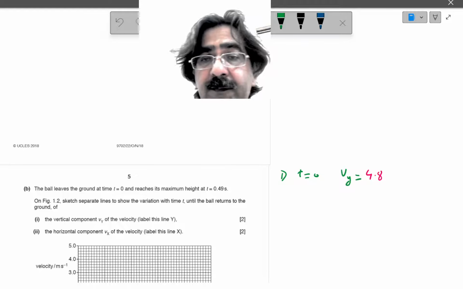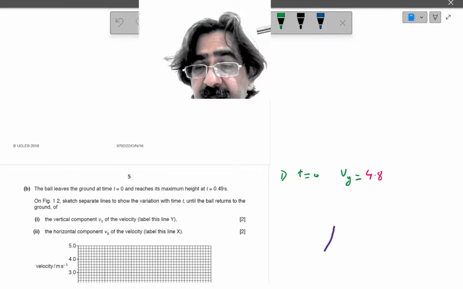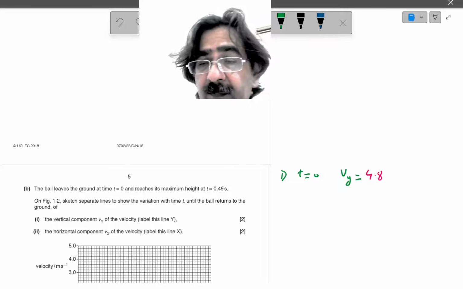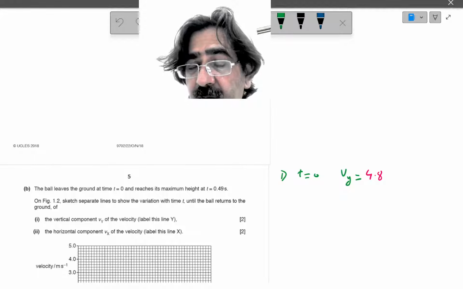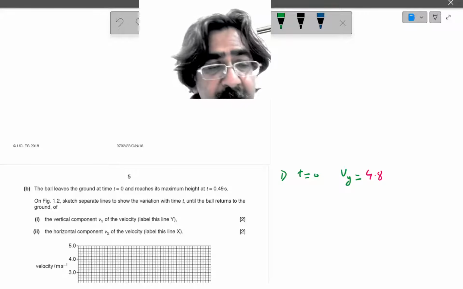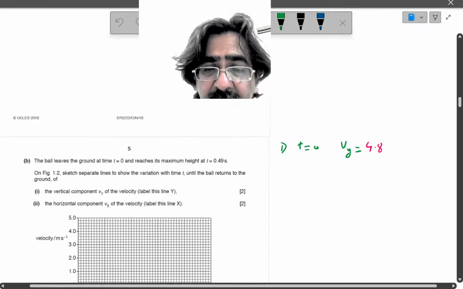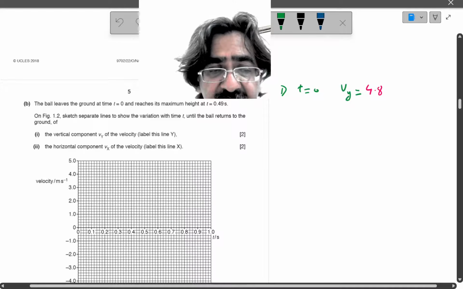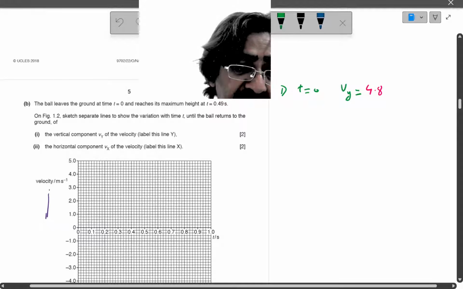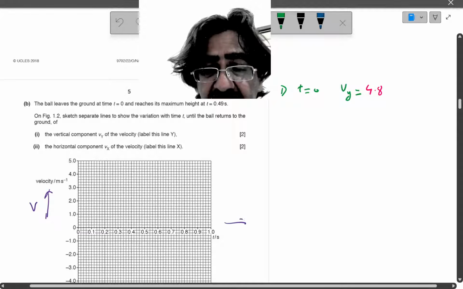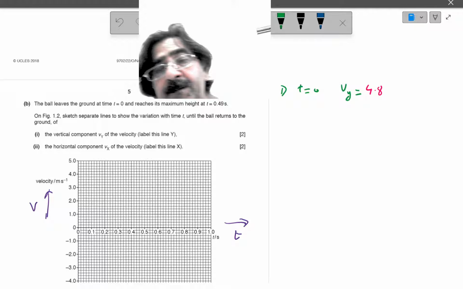Velocity is along the y axis, and time is along the x axis. This is velocity v, and along the time axis, that is t.